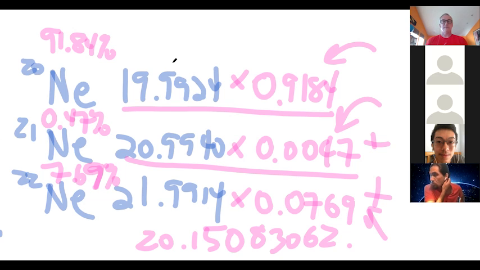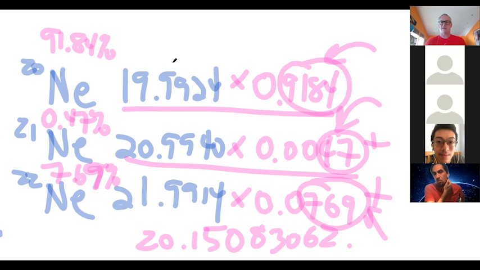So this would only have 2 significant digits past the decimal, this would have 4, and this would have 3. But basically, yes, you just add them all together. And so the answer would be 20.15 atomic mass units. Now, what would be the mass of a mole of this neon?